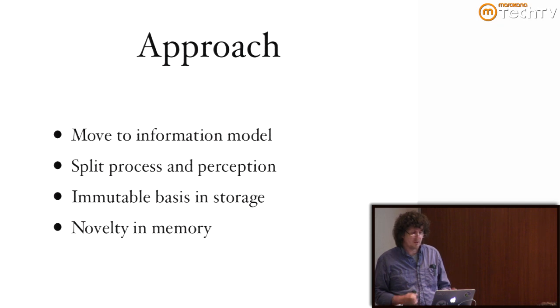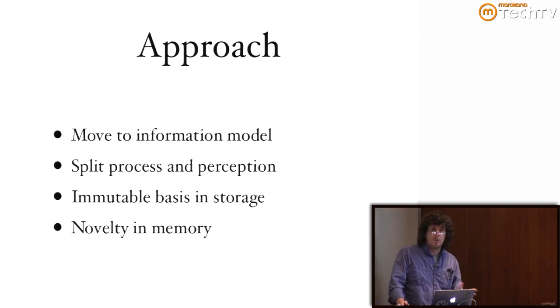So the approach we're going to take in trying to break things apart is going to be based on these three principles. One is to move to an information model. Now, I made claims during my talk that using values and having an information model has architectural implications. And if you take away nothing from this talk, I would hope you would take away that this is a real example of that in action, that adopting a value-oriented model has architectural benefits, really substantial ones.